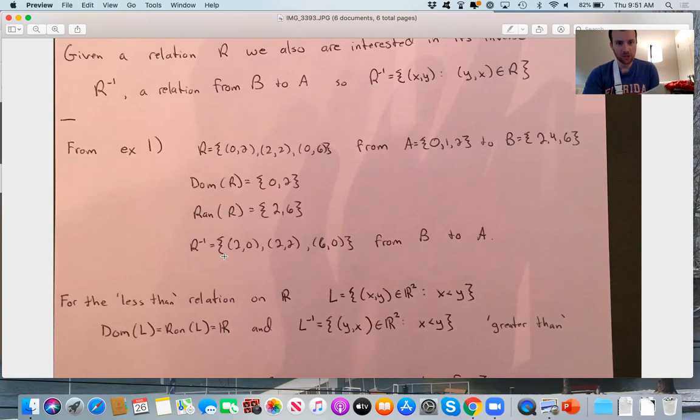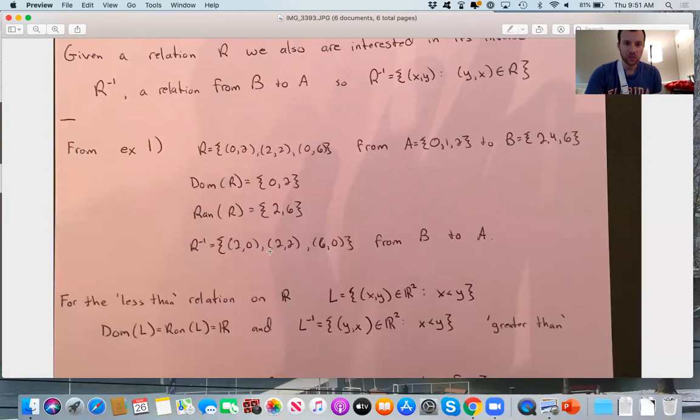And the inverse is, going back to our ordered pairs, take all of these ordered pairs and now flip them. So (0, 2) becomes (2, 0). (2, 2) doesn't change because it's the same number twice, but (0, 6) flips to (6, 0).